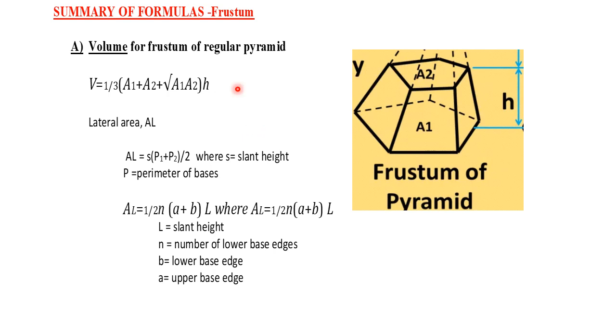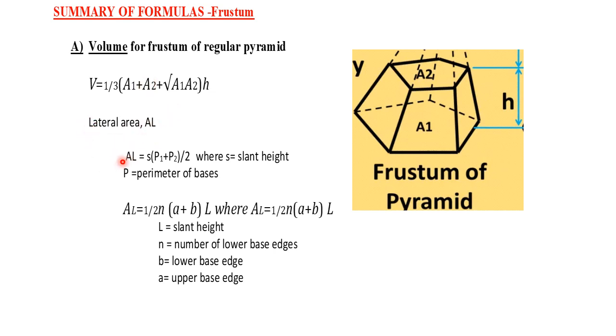So for the formulas, for a regular pyramid, either a cone or a frustum of a pyramid, a cone, or a regular pentagon, the volume should be equal to 1/3 quantity E1 plus E2 plus square root of E1 and E2, the whole expression multiplied by h.